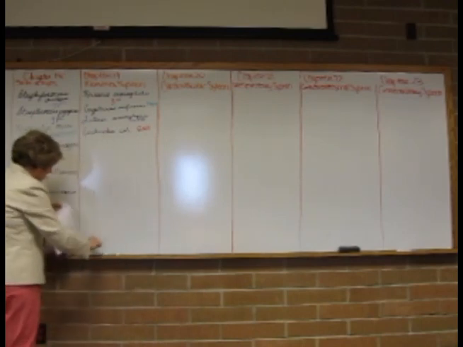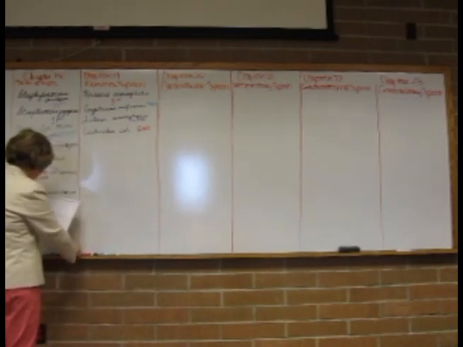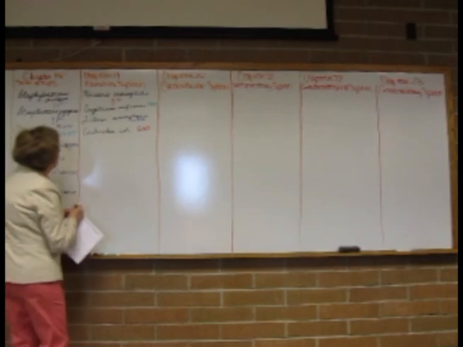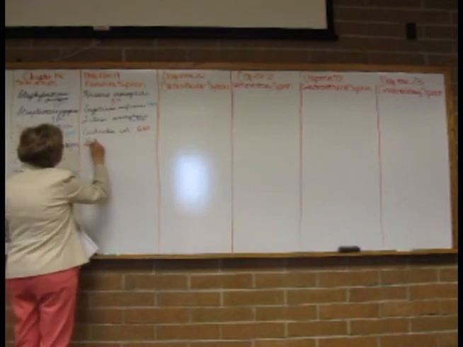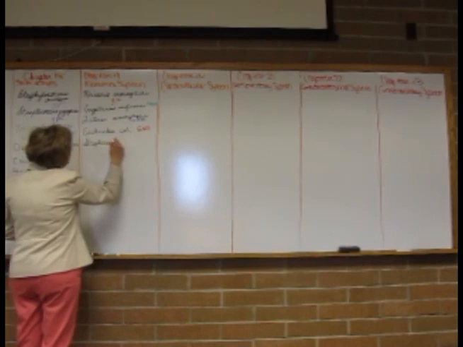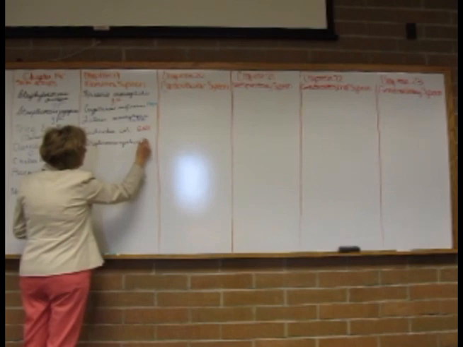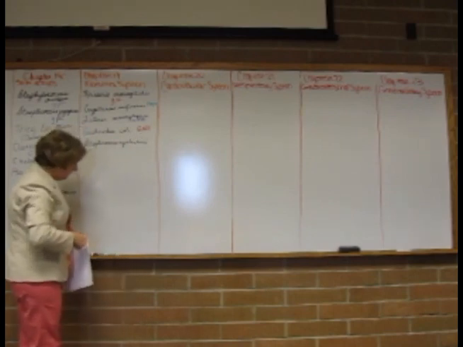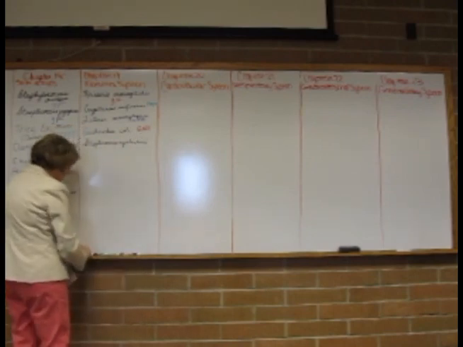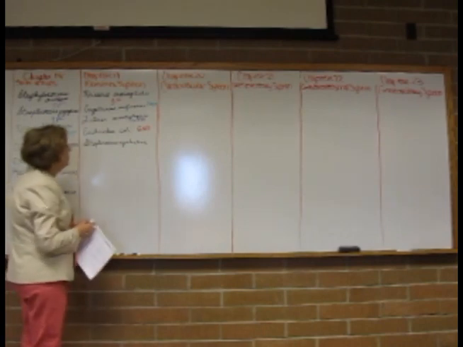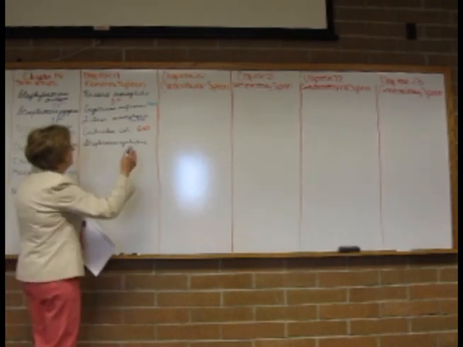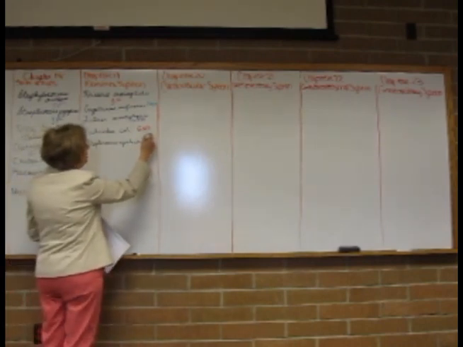Okay. All right, and then we have Streptococcus agalactiae. Again, this causes meningitis in newborns. And what's the gram stain reaction and morphology?